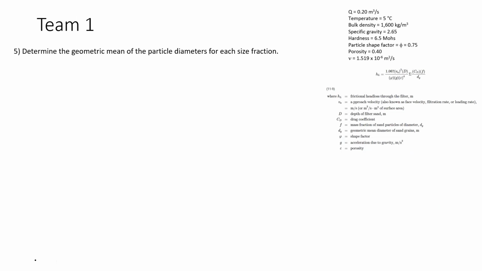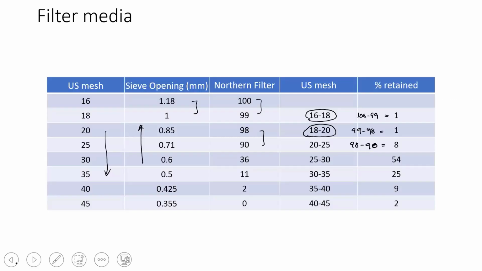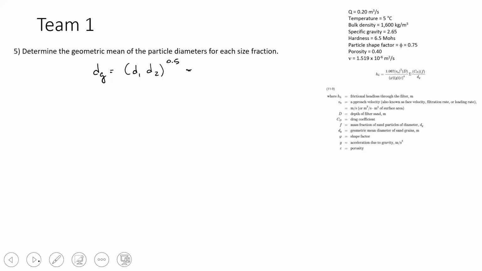The next thing we need to do is determine the geometric mean. The geometric mean is just the product of D1 times D2 to the square root. If we go back and look here, our sieve openings are 1.18 and 1. So this is 1.18 times 1. Take the square root of that, and that is 1.08.